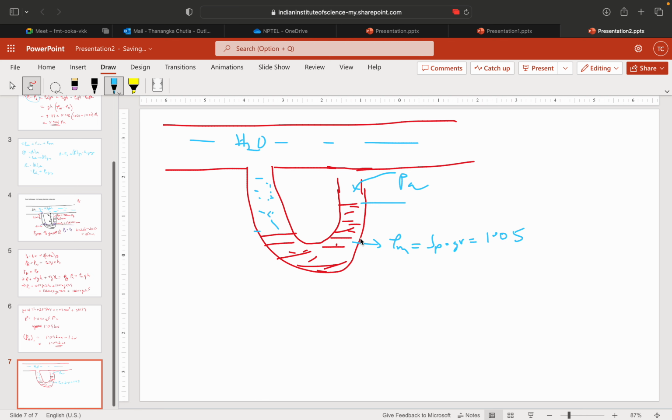The difference H is given as 5 mm, and this distance is also given as 5 mm. Same thing we have to do, and here also if you want to calculate the pressure at this point, you have to do the same thing.